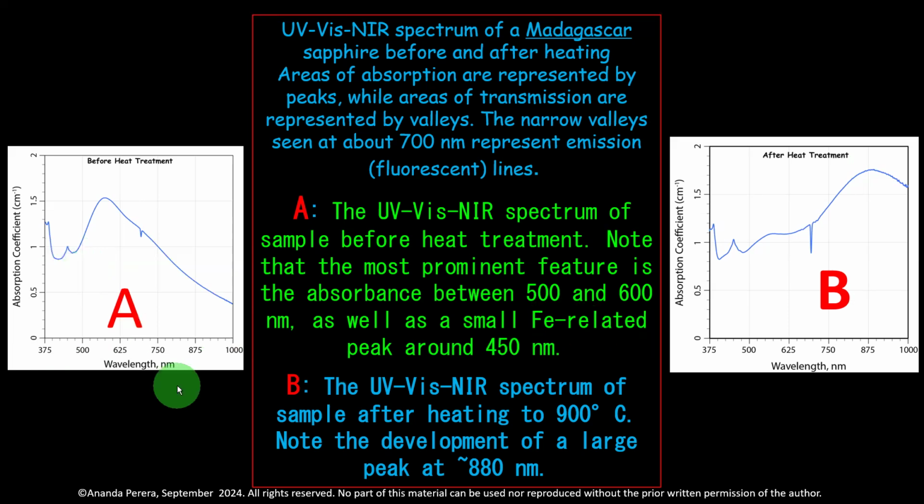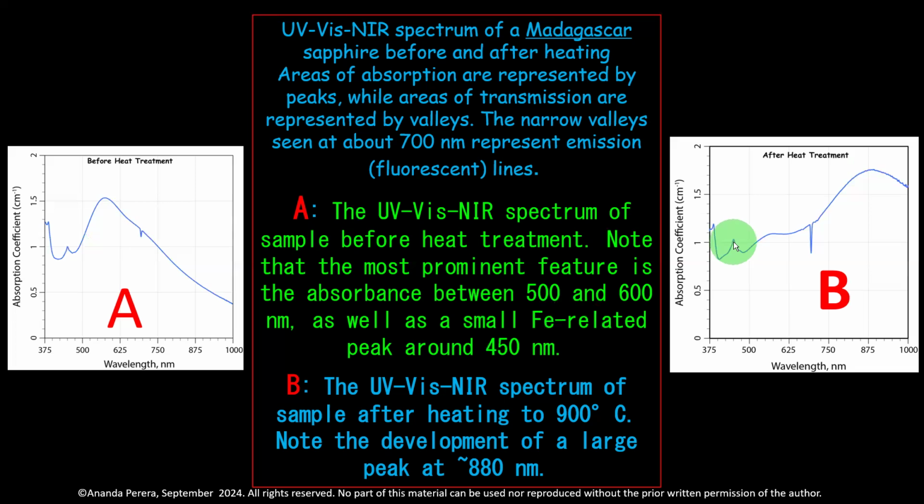Then go to B. The UV, VIS, NIR spectrum of the sample after heating to 900 Celsius. After heating only to 900, note the development of a large peak at 880. This is the large peak. That 450 iron-related peak is also there.